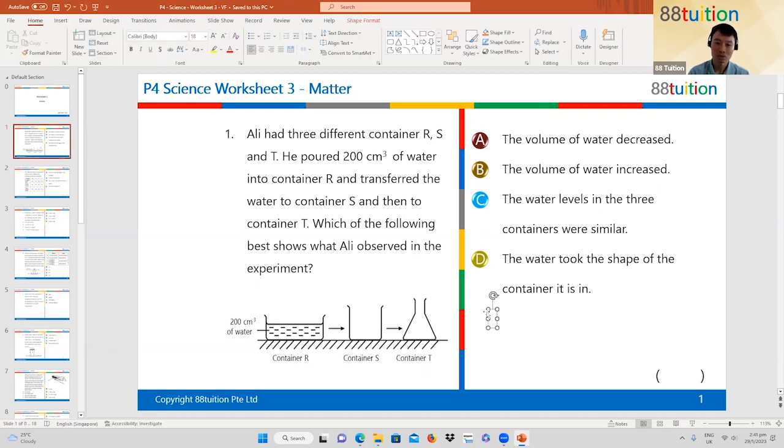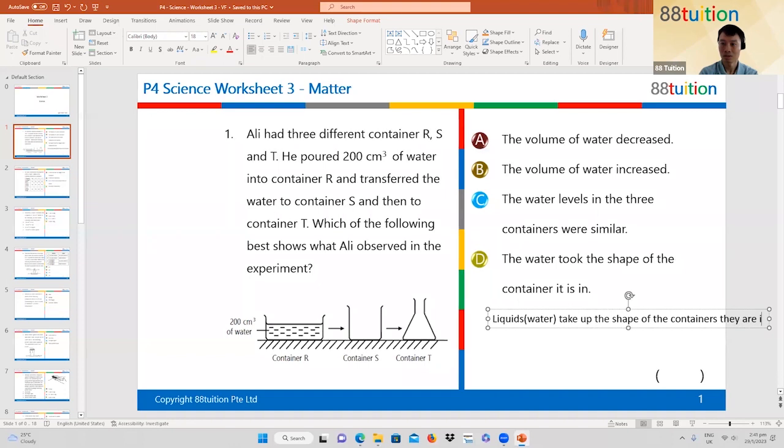Ariano, you got this one wrong, so you have to write down the working. Reason being, liquids, in this case water, take up the shape of the containers they are in.